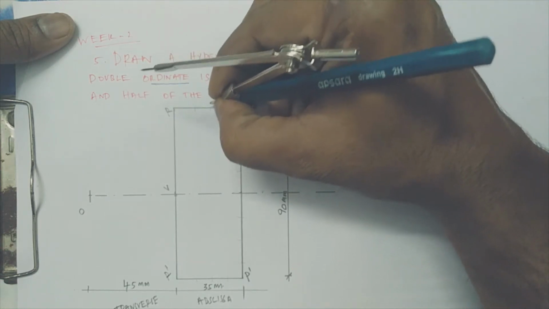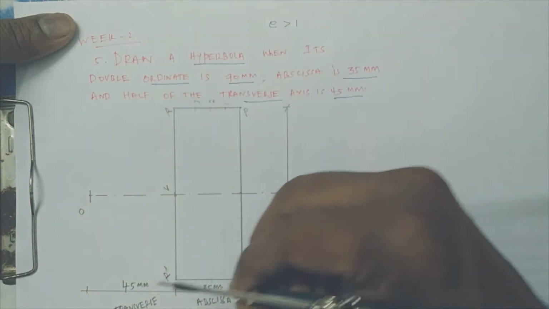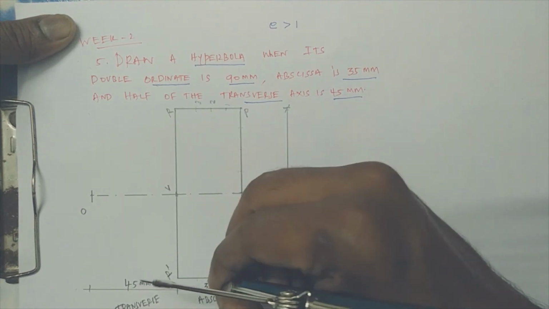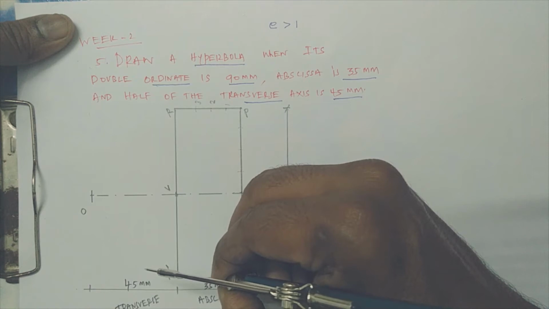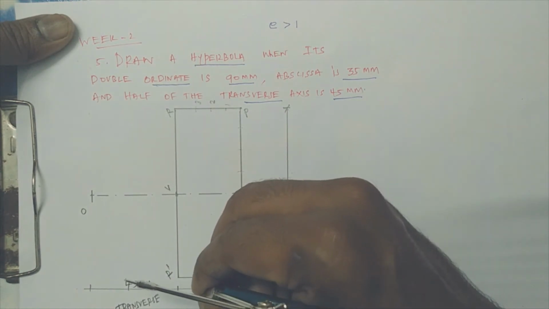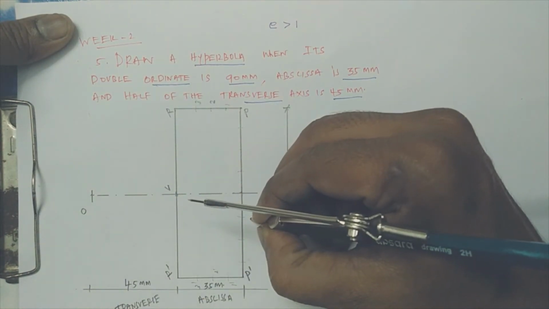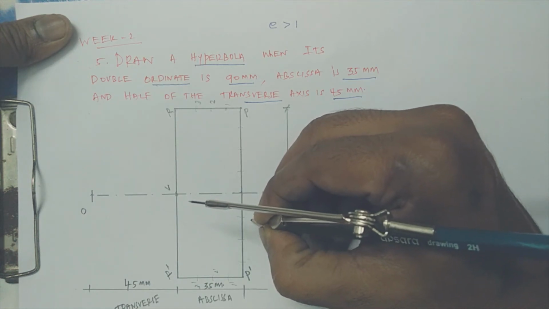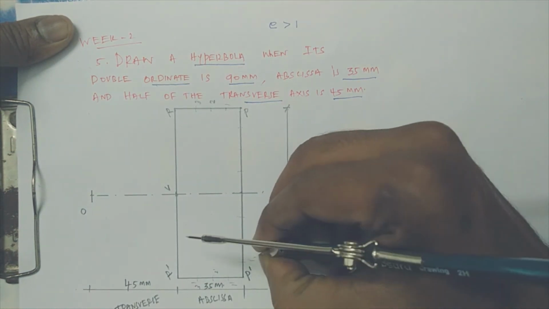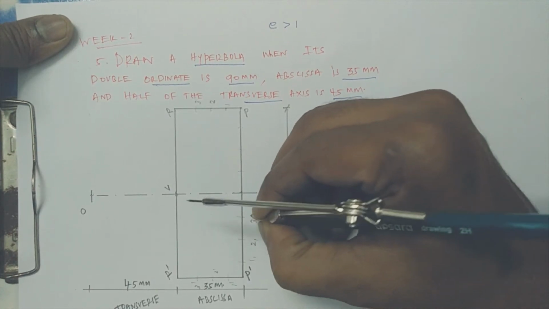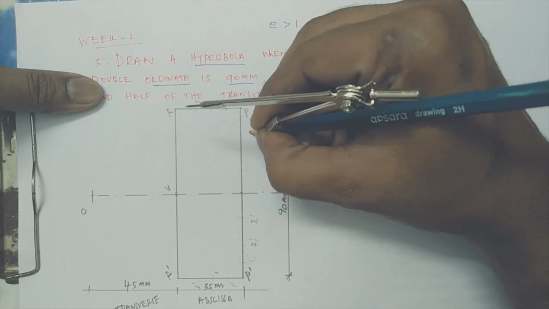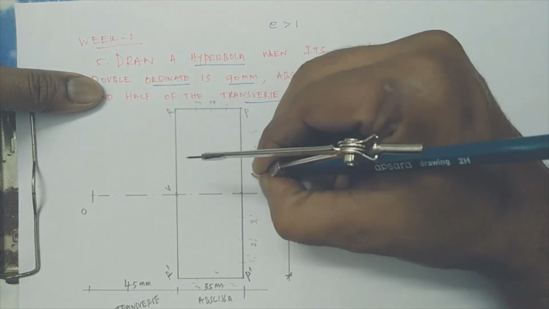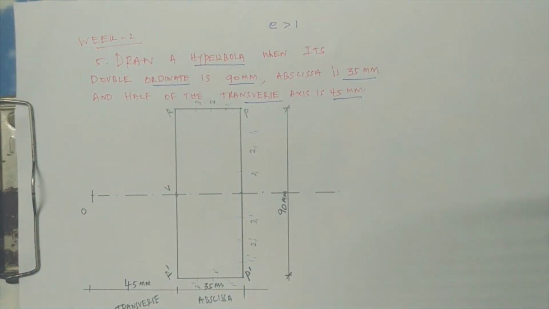So 1, 2, 3, and similarly 1 dash, 2 dash, 3 dash, marked inside since there is no space.